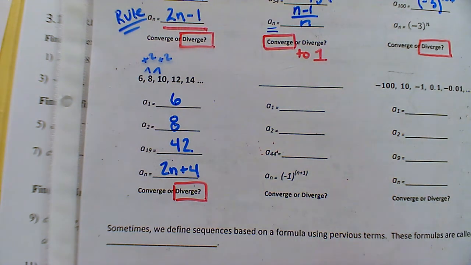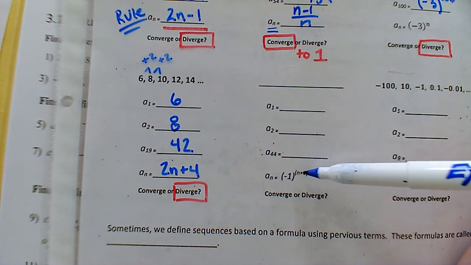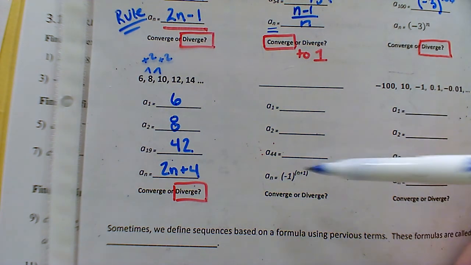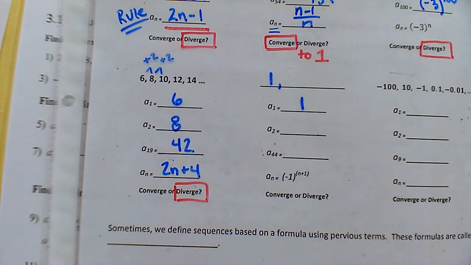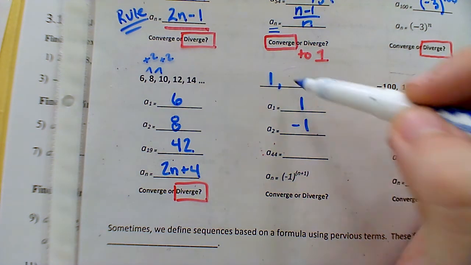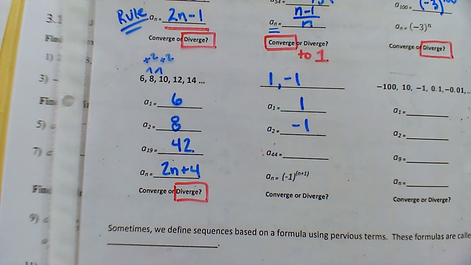So for this one, they give us the rule. They want us to list out some terms and identify ones. So if we were to plug in 1 for the first term, we would have -1 squared, which is 1. If we were to plug in 2 for the second term, we'd have -1 cubed, which is -1.